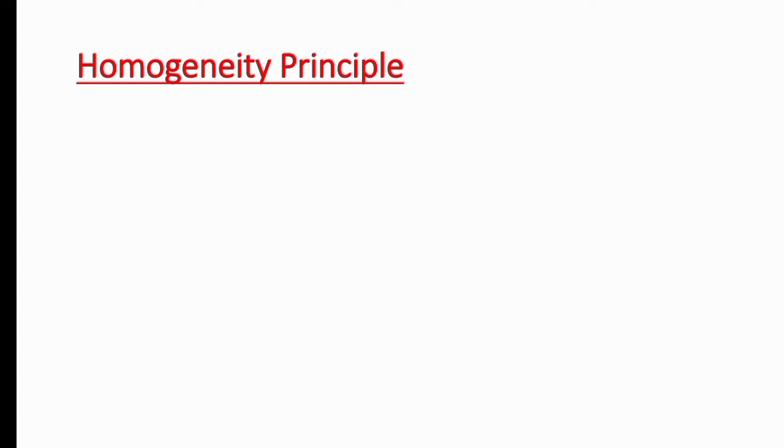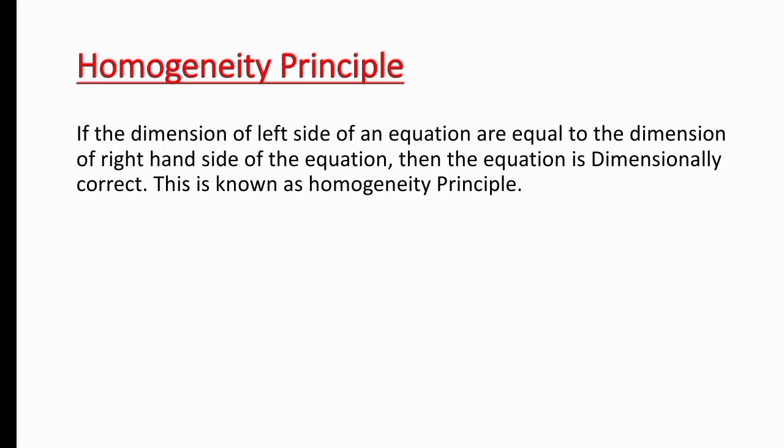Here is the homogeneity principle. So what is the homogeneity principle? It is a principle through which we can check equations from both sides, left hand and right hand, to see whether it is correct or not. If the dimensions of the left side of an equation are equal to the dimensions of the right hand side of the equation, then the equation is dimensionally correct.